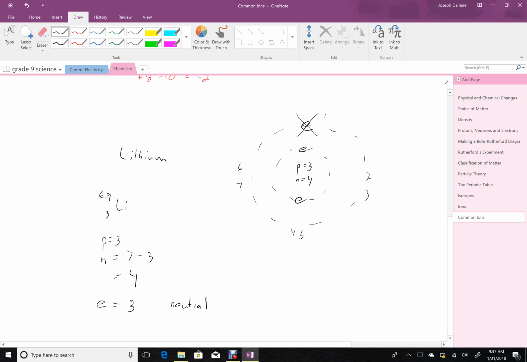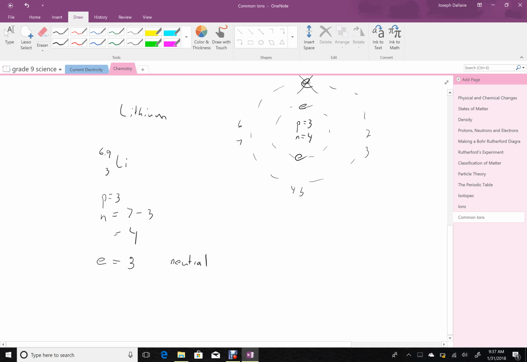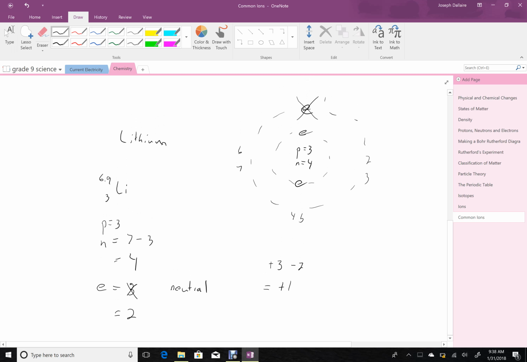If he did that, he would only have 2 electrons, and his charge would be +3 minus 2 for a charge of +1. So lithium tends to form a stable charge of +1.